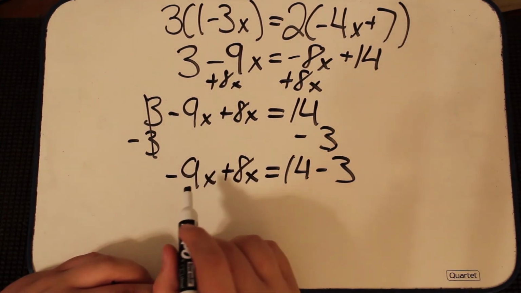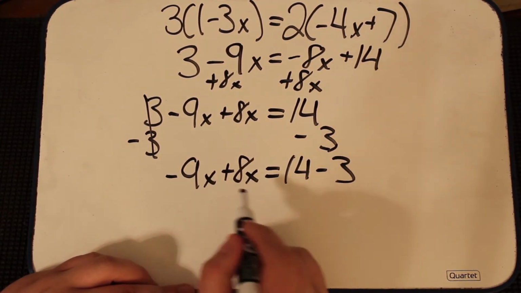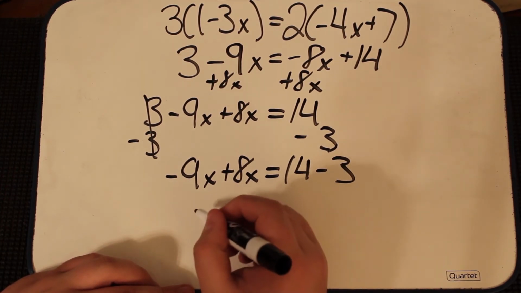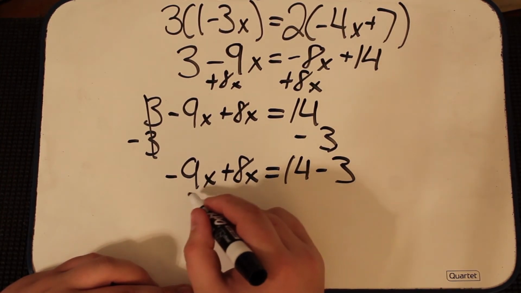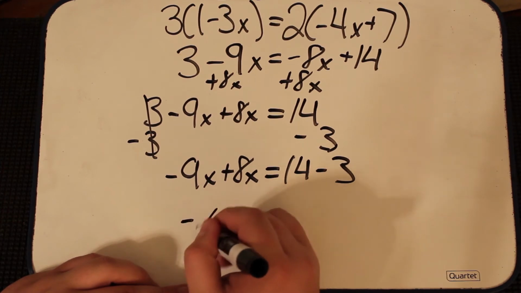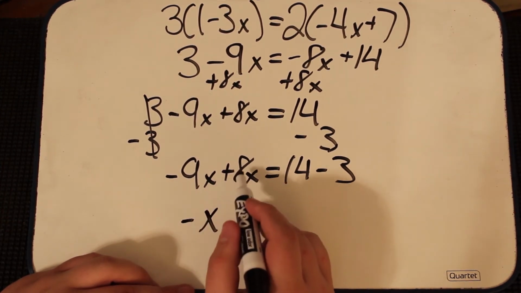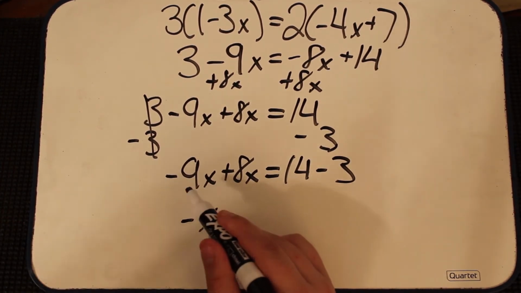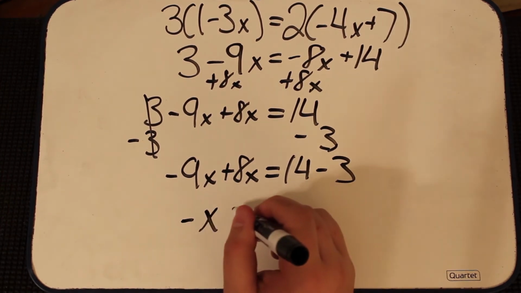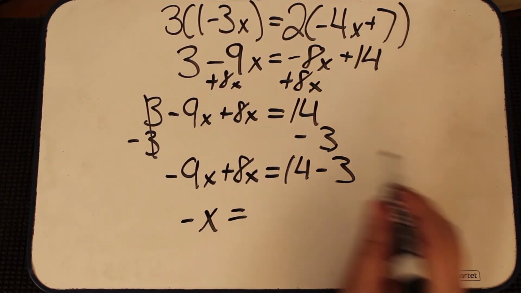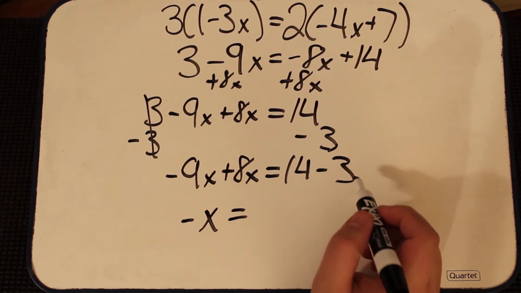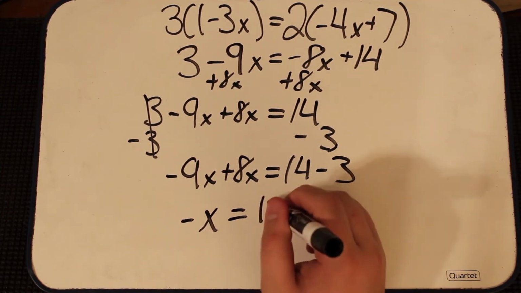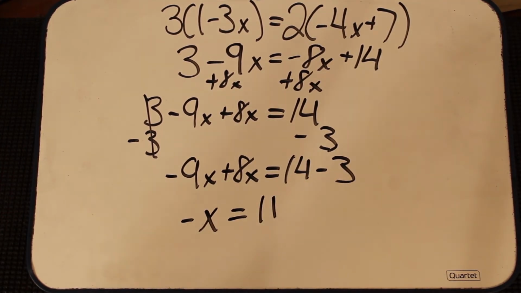So, if I have negative 9x plus 8x, I get a negative x because we're adding one less than the negative here. And then 14 minus 3 would be 11.